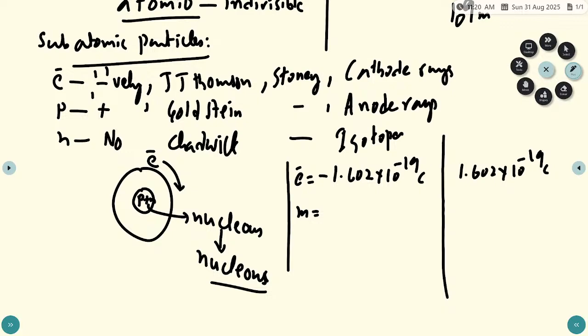Now the mass. The mass of the electron is 9.1 into 10 to the power of minus 27 grams, and in atomic mass units it is 0.00054 AMU. AMU means atomic mass unit.